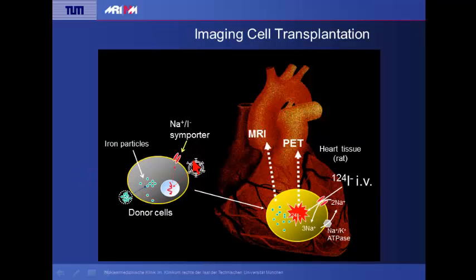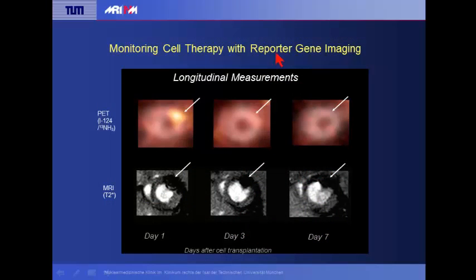On the other hand, using iodine 124 tracers, which is included into the donor cells by the sodium iodide symporter, we can image the integration of these transplanted cells in heart tissue, as we can see here how it got in at the beginning and then slowly goes out.